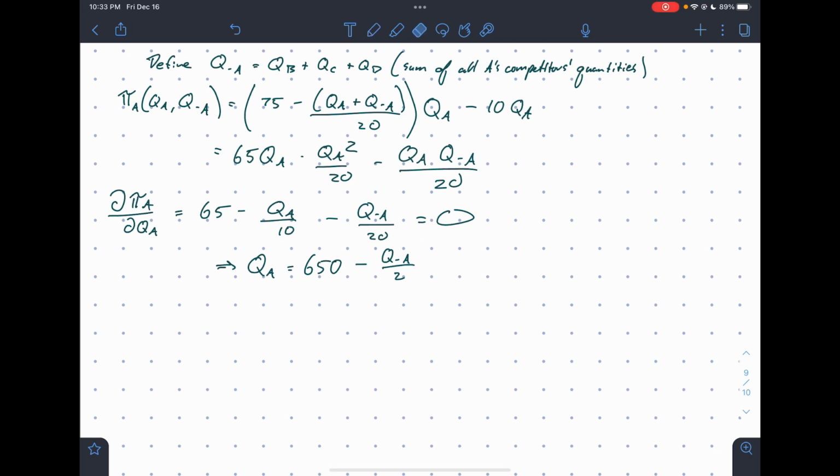So the best response of A to quantity Q negative A is going to be 650 minus Q negative A over 2.